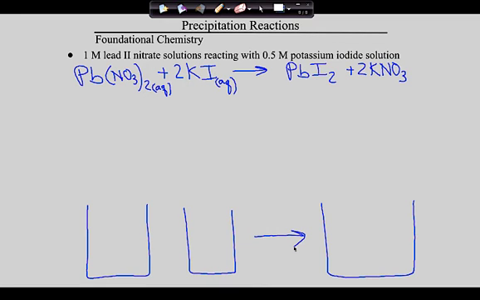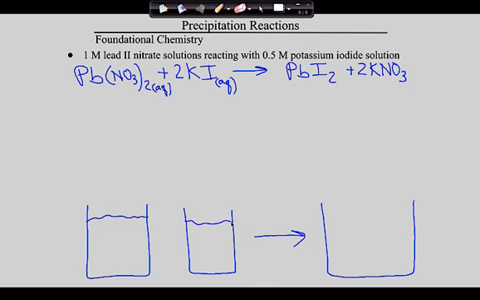Okay, so guys, in the bottom left beaker, what we're going to do is we are going to draw what 1 molar lead-2 nitrate looks like in the bottle. And guys, we are going to leave out the water. So we're not going to represent the water.